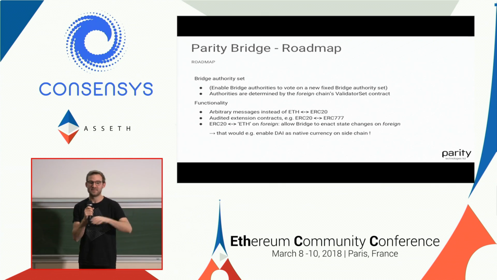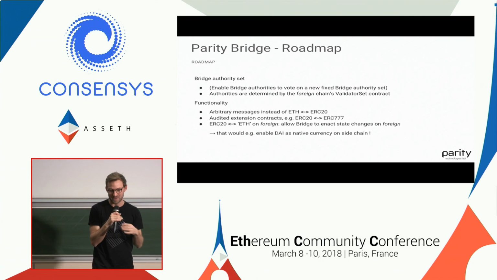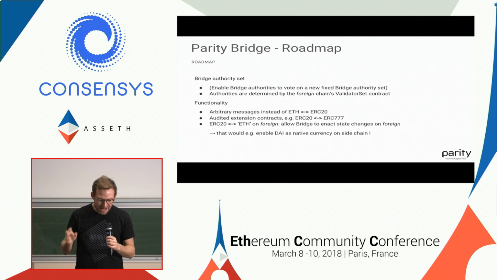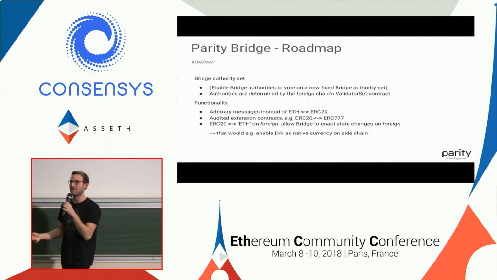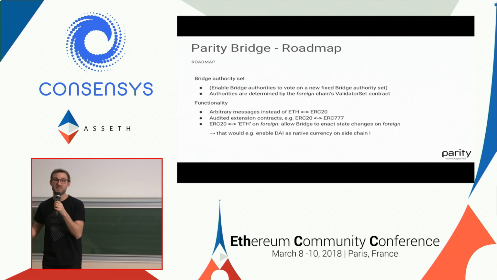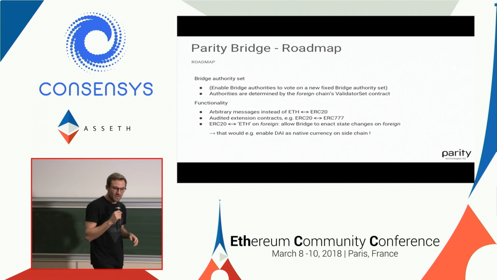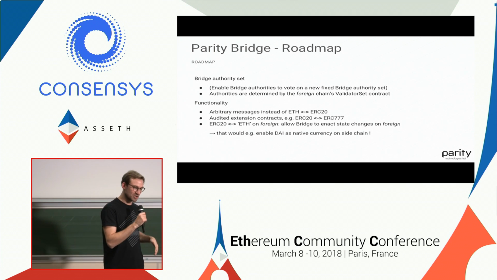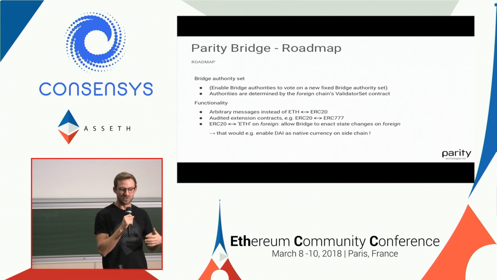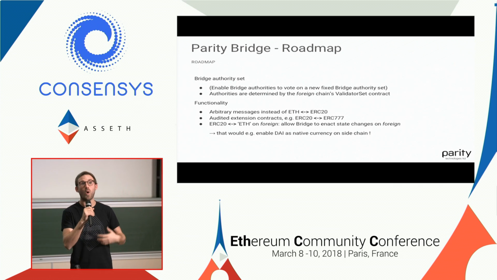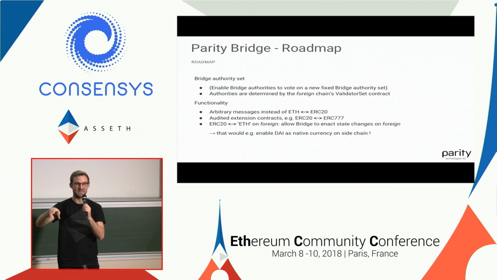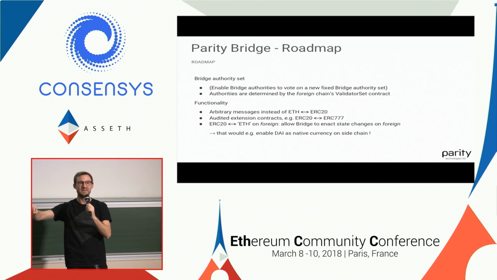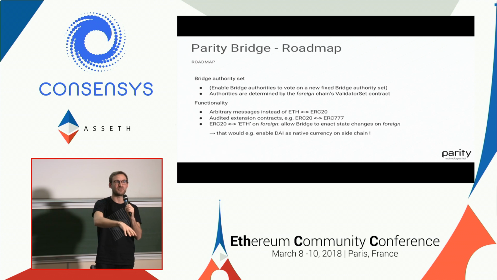Another one is abstracting over the special use case from ETH to ERC20 to arbitrary message passing. And I just want to point out one really cool use case that came up when I was talking to one of the Maker guys two days ago, which is, imagine you could set up a new POA chain, or potentially even Coven, and have the native currency on that side chain be DAI on the main network.